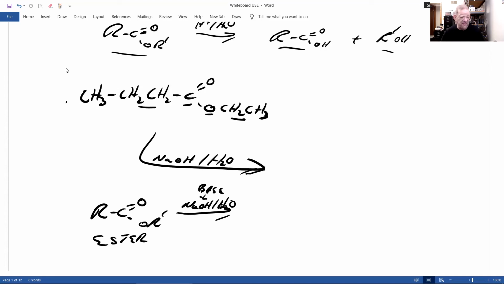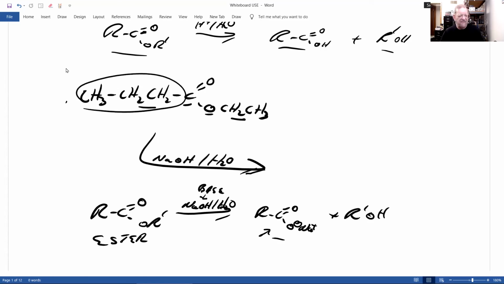I'll never ask that, but you should know. And what I get back is not the carboxylic acid, but the carboxylate anion of the carboxylic acid I would have used to make that ester, plus the alcohol I would have used to make that ester. If you put the carboxylic acid there, I'll mark it wrong, because in base, that will never exist.